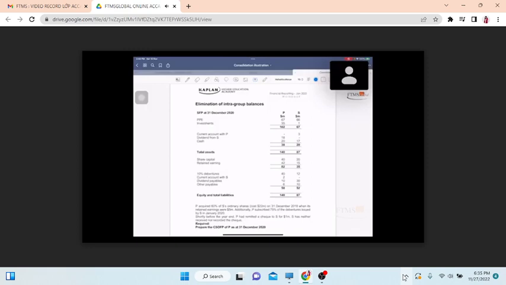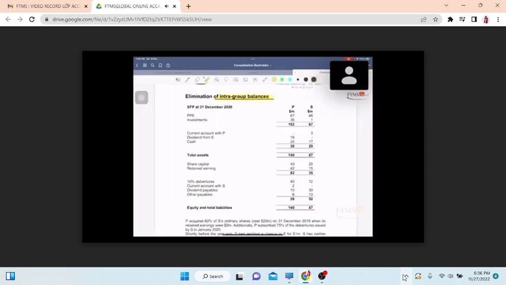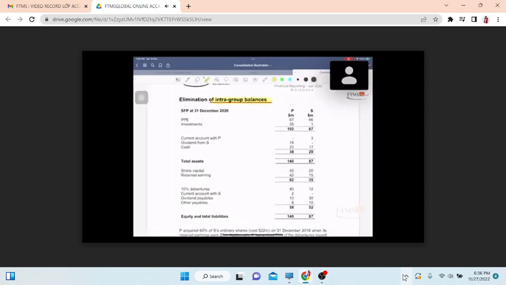Okay, right. As the name of this question implies, this whole thing is about intercompany balances. The focus is on intercompany balances. So we have PPE, investment. Then we have a current account with P. Of course, current account with P is an intercompany balance.